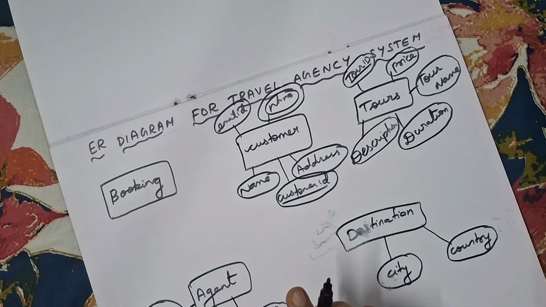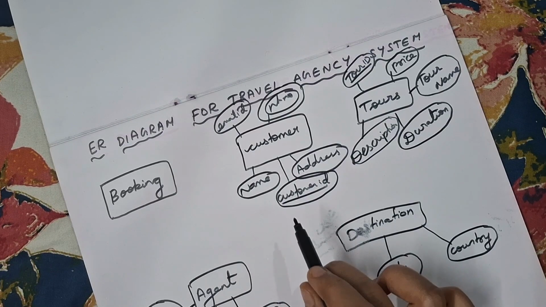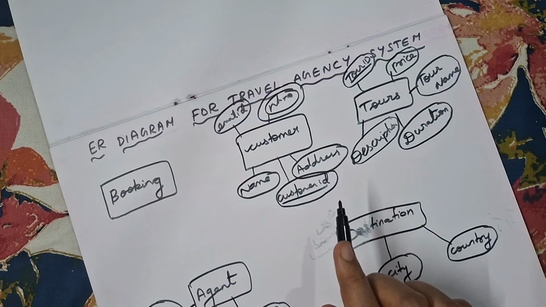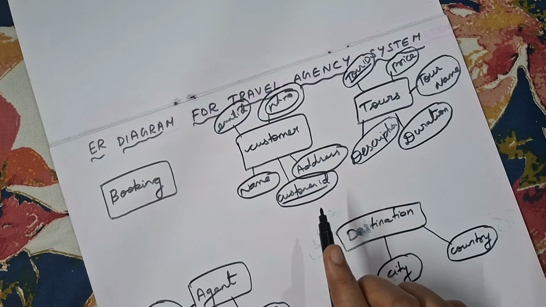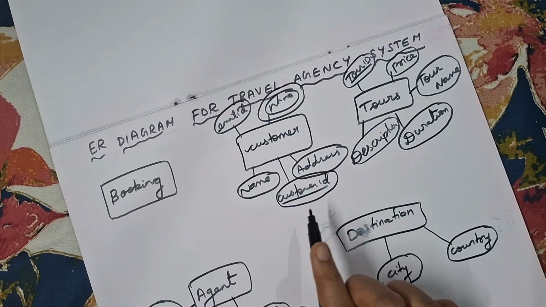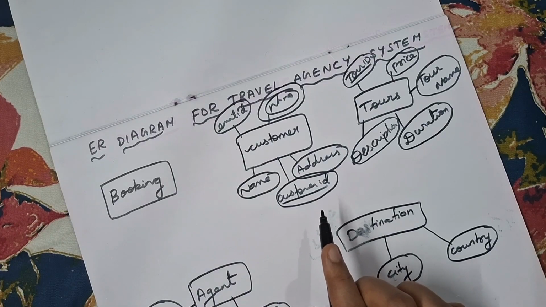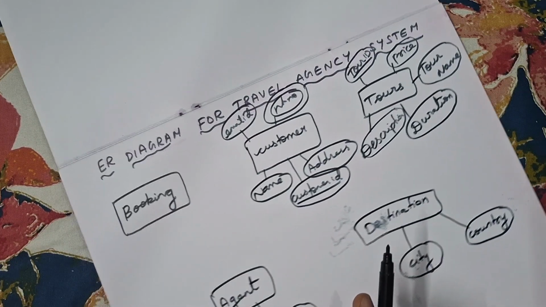It's not going to repeat. The customer ID is not going to repeat. Customer ID is given because the details must be stored separately for every single customer. So for the customer ID 33, their details, your name, address, city, email ID, all of that will be stored. Next, for the customer who has 44 as the customer ID, their details will be stored. So customer ID will be unique for every single customer. Therefore, it is a primary key.